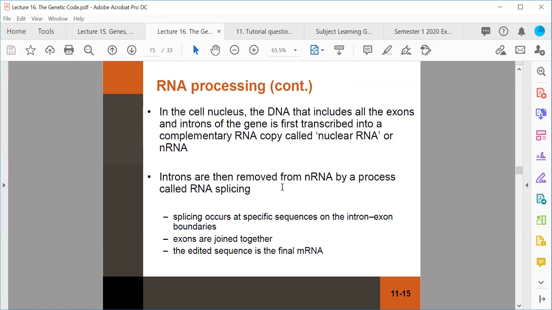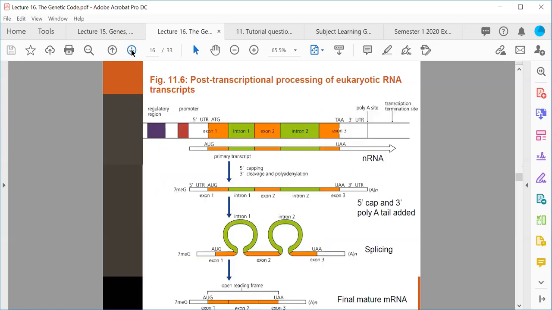The introns are then removed by a process called RNA splicing. The splicing occurs at specific sequences, and then the remaining bits, which are called exons, are joined together. At the end of the process, we have our final mature messenger RNA molecule.